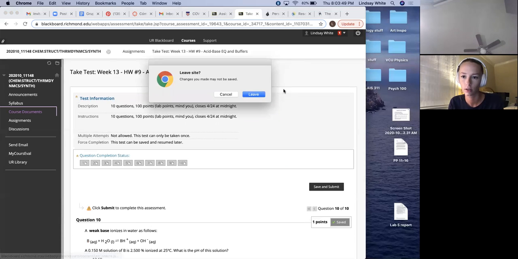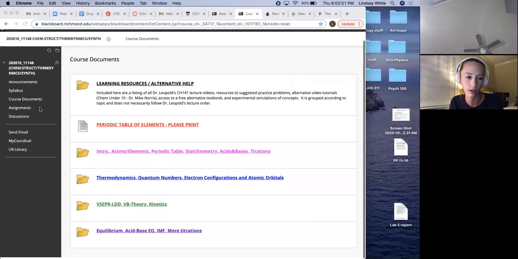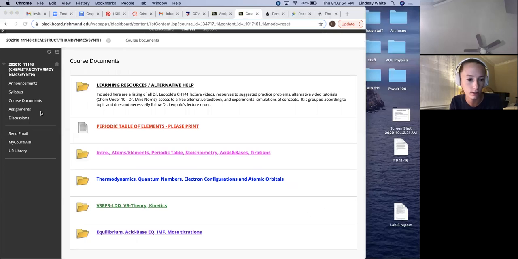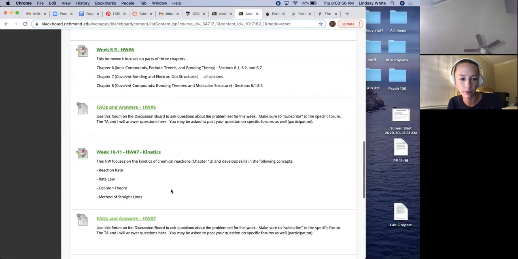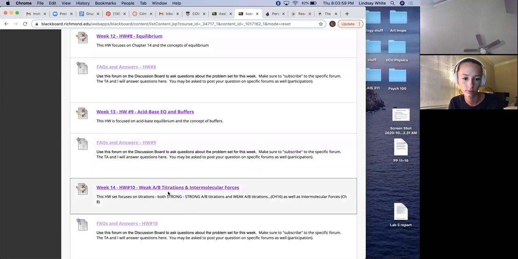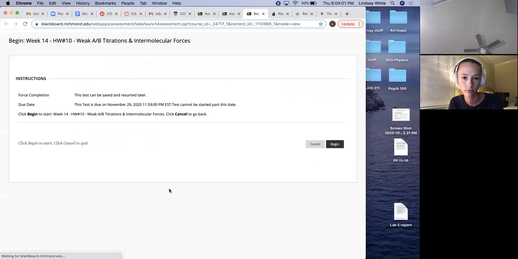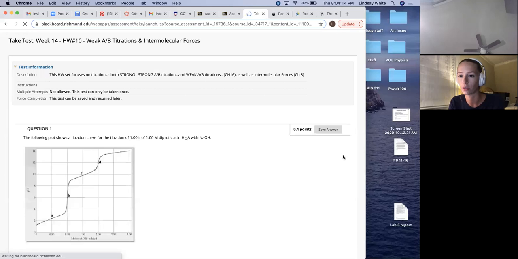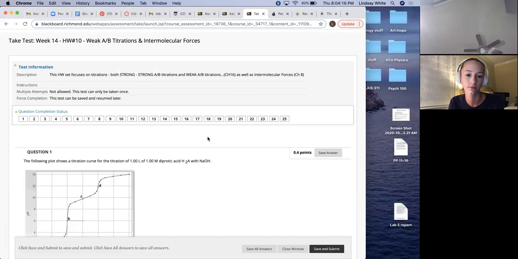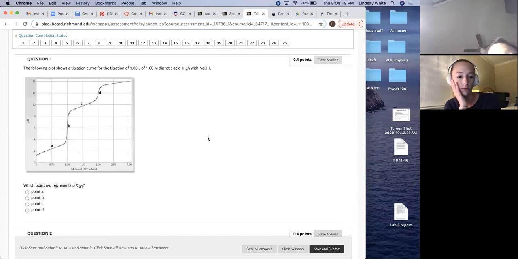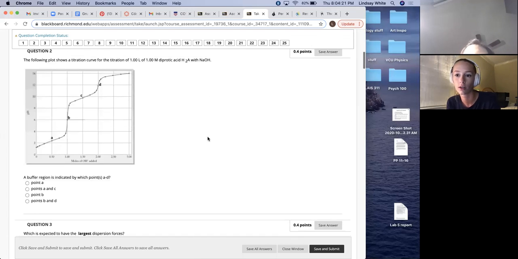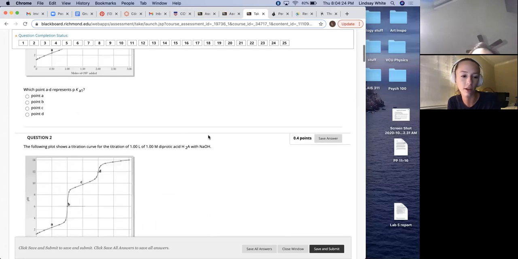So that's those problems. I don't think I can look ahead at the next ones. Let me see if it'll let me. What's this on? It's on. Okay, so the next one's on titrations, intermolecular forces. Oh, it will let me look at it. We haven't gone over a lot of questions. Yeah, we went from 10 questions back over to 25.